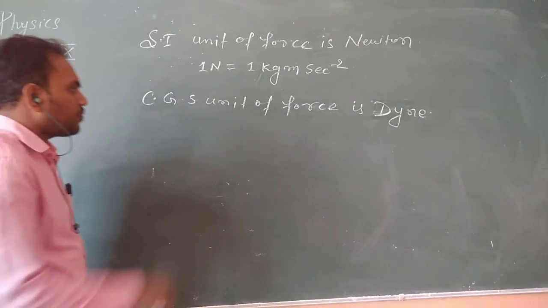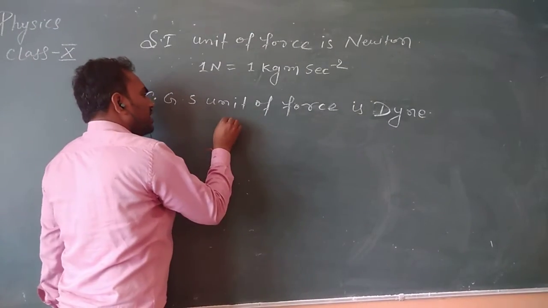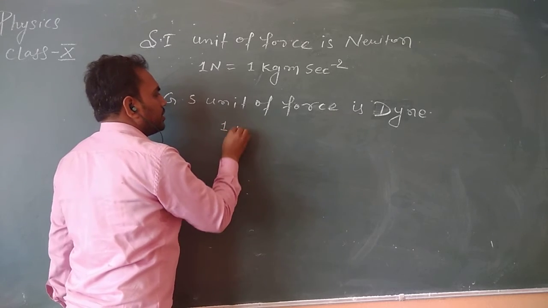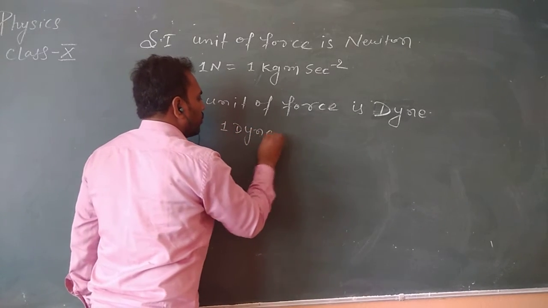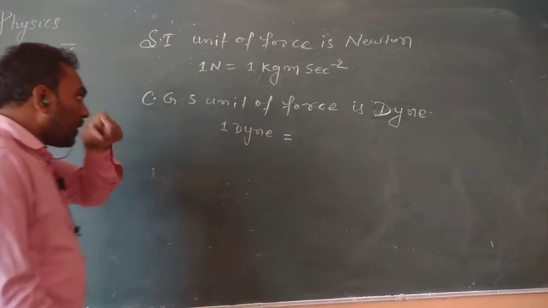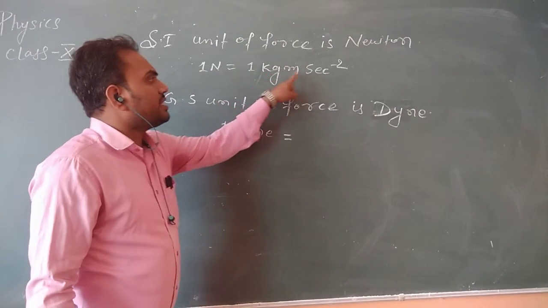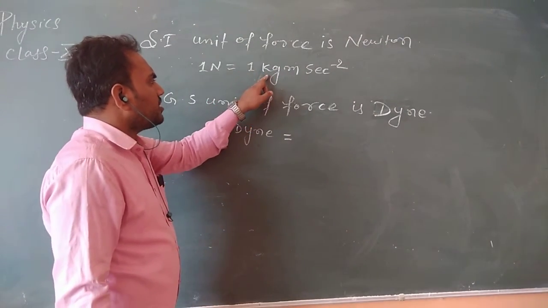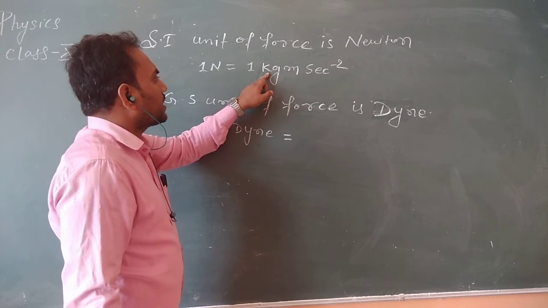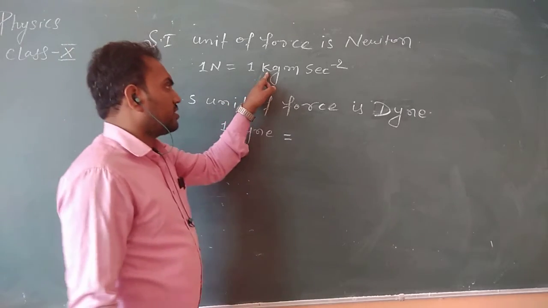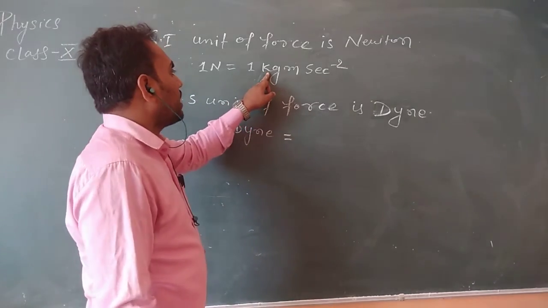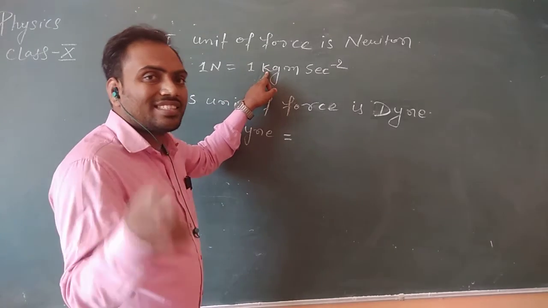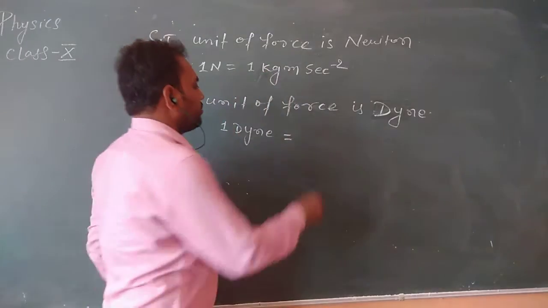We will explain it. Firstly, let us understand what is 1 dyne. 1 dyne means take the unit in CGS format. You have already understood in class 9 that the SI unit of mass is kg, while the CGS unit of mass is gram.